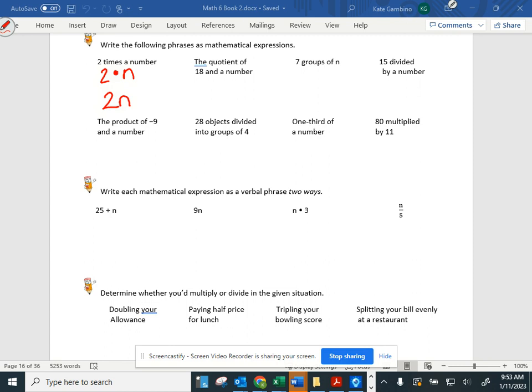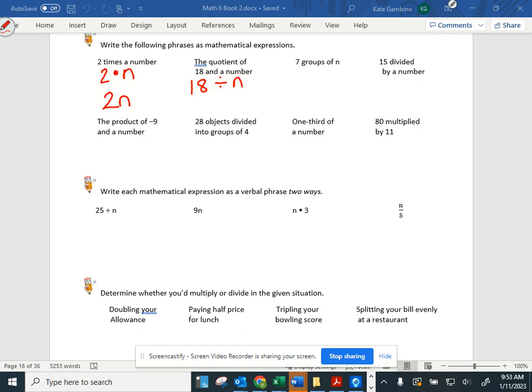Okay. Let's do one more. The quotient of 18 and a number. Ziki? 18 divided by n. There is another way that I could write this. Who thinks they know? Nolan? 18n.